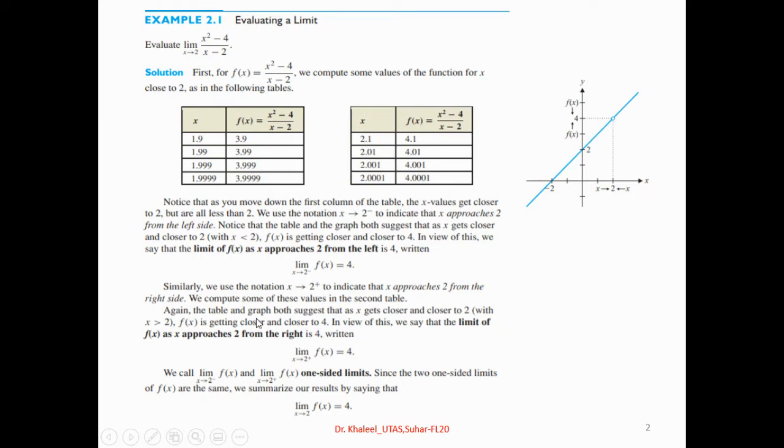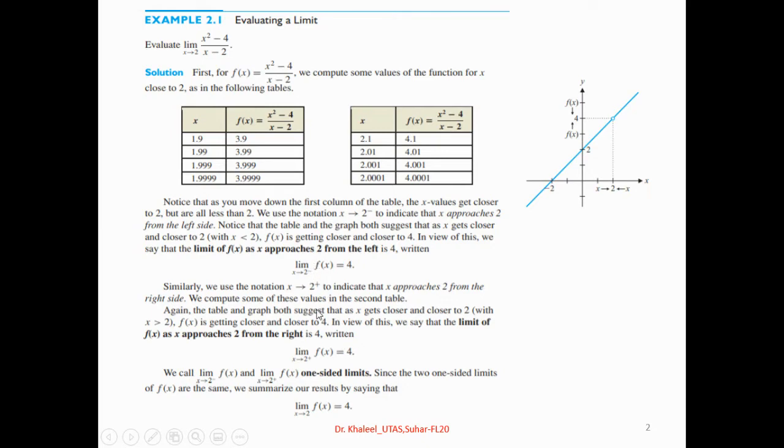So the table and the graph both suggest that as x gets closer and closer to 2, with x greater than 2, f(x) is getting closer and closer to 4. So we say that the limit of f(x) as x approaches 2 from the right is 4. So we write symbolically limit of f(x) as x tending to 2⁺ is equal to 4.